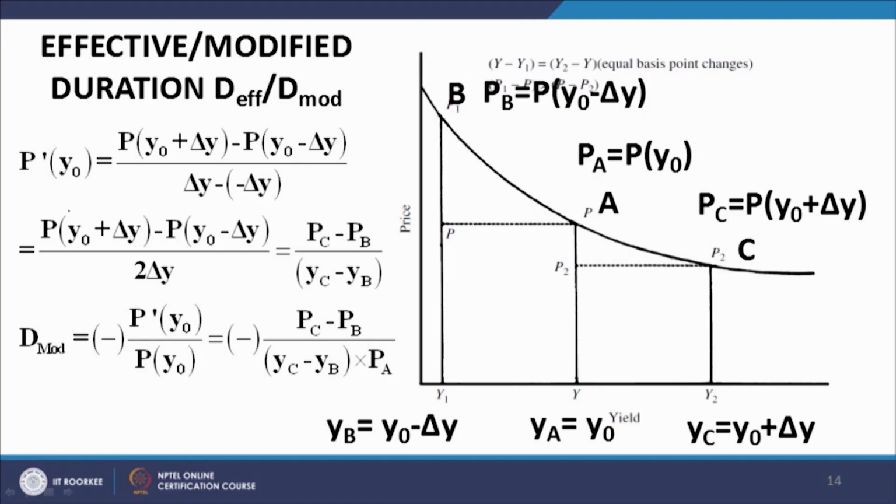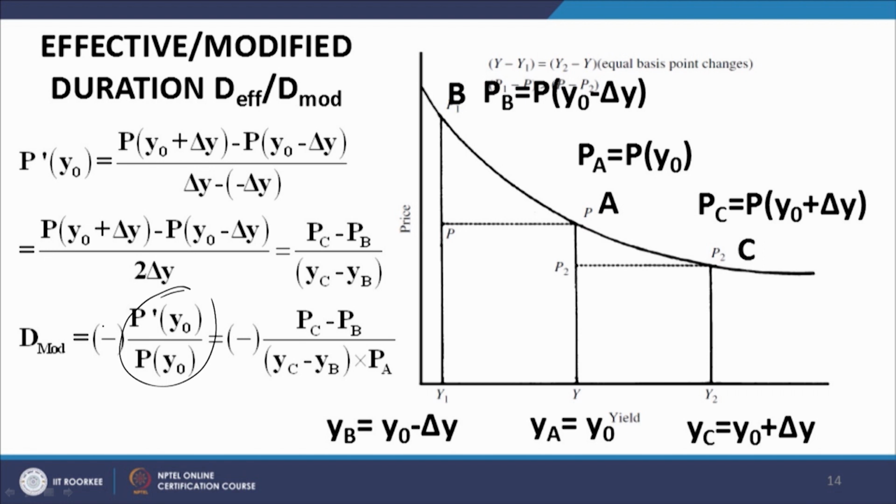Now, this is the approximate calculation. I emphasize the word approximate calculation of effective duration or modified duration, which are more mathematically identical. The important thing here is the effective duration is given by P dash of y upon P of y, with a negative sign as a prefactor, and this quantity being evaluated at y 0.